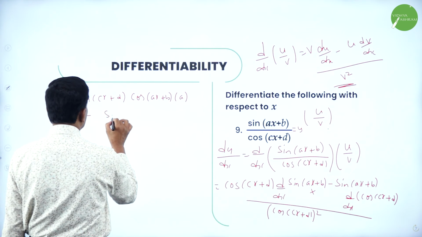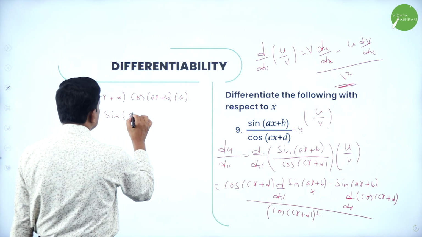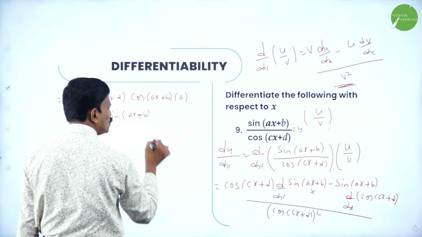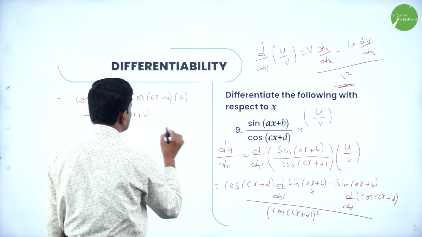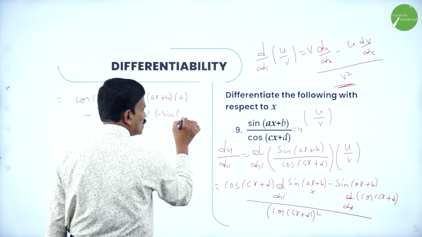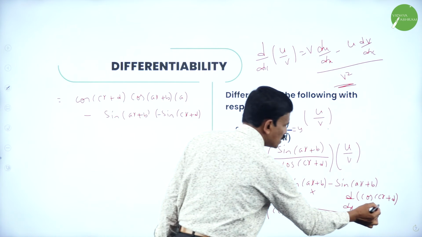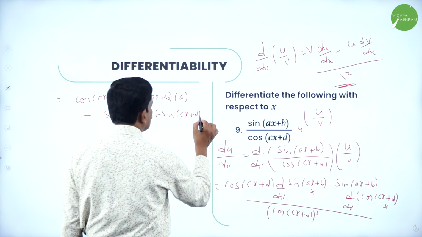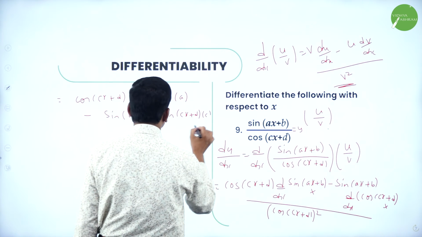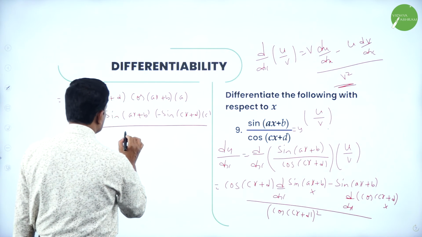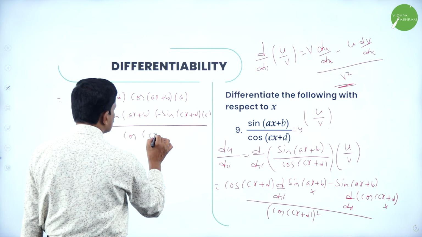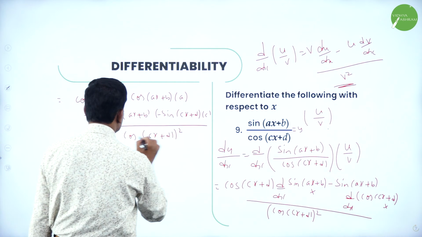Minus sin of ax plus b into d by dx of cos, which is minus sin of cx plus d, into differentiation of cx plus d. Derivative of cx is c, plus d constant 0, that is equal to c, whole divided by cos of cx plus d whole square.